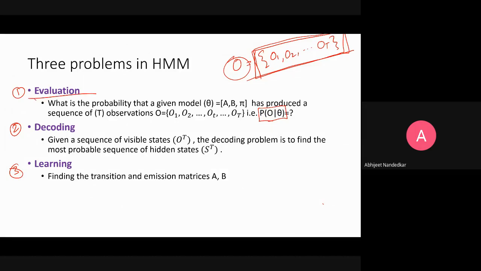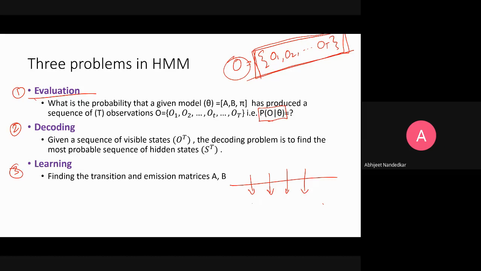The second problem is called the decoding problem. Given a sequence of visible states, the decoding problem is to find the most probable sequence of hidden states. Now see, there are two things, as I said. Say this is my observation.